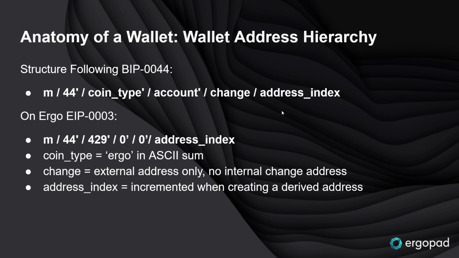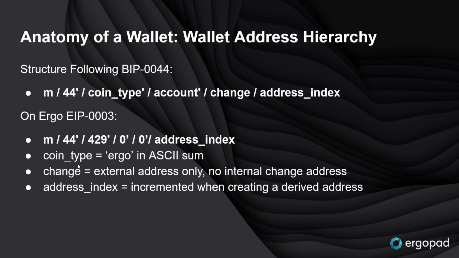The next is a little bit more complicated. This is the wallet address hierarchy. The way it's implemented on Ergo is similar to the way it's done on Bitcoin, based on the Bitcoin improvement proposal. On Ergo, it's defined in EIP 3.